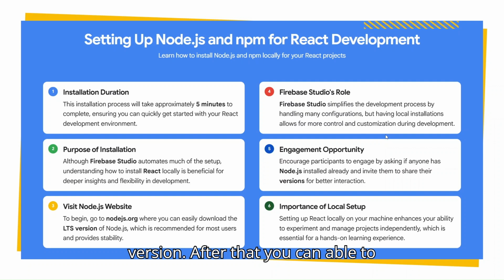After that, you can create a React app with npx create-react-app followed by your application name. That's it. You can create your React app locally. So let's start with our Firebase tutorial.